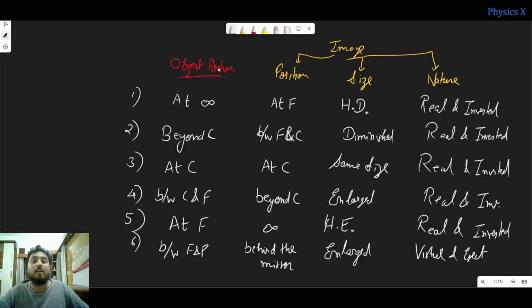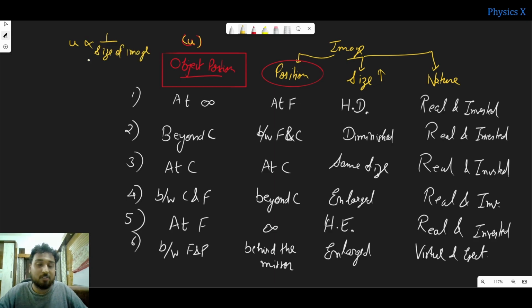Virtual and erect. Now from this you can analyze the object position and the position of the image. As the object position, which is marked by U, is decreasing, the size of the image is getting increased. So you can see that the object distance U is inversely related to the size of the image.